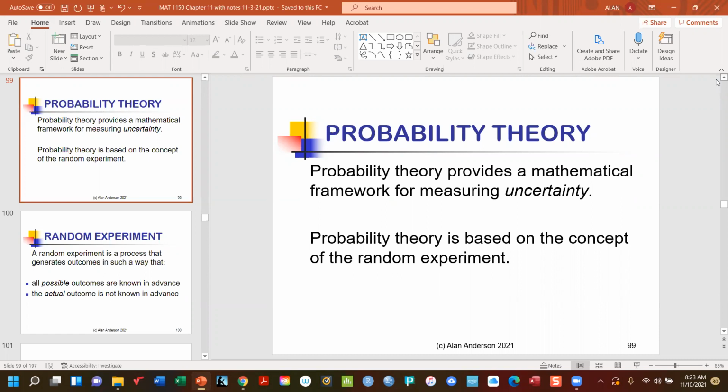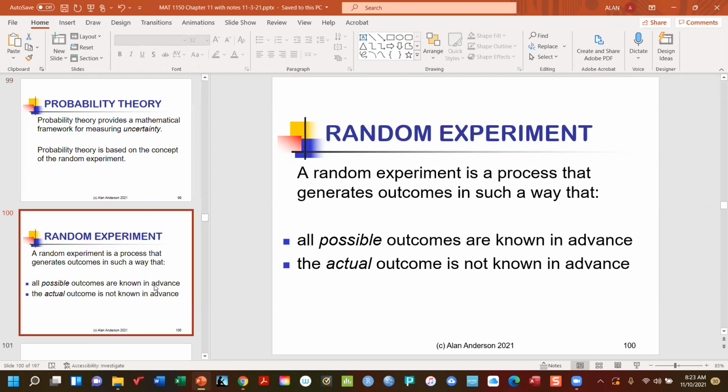So we start out by introducing the concept of the random experiment. A random experiment is just a process where outcomes are being generated, but before this process starts, we know what might happen, but of course we do not know what will happen.